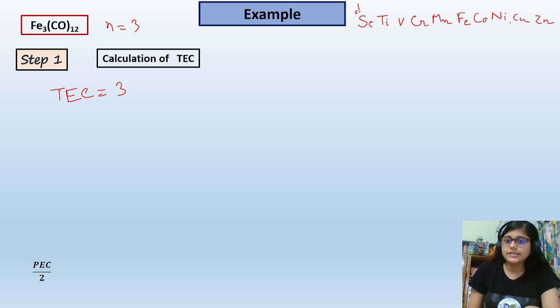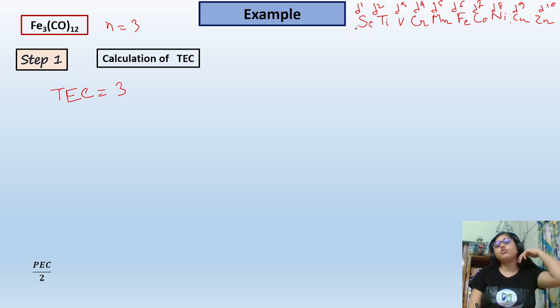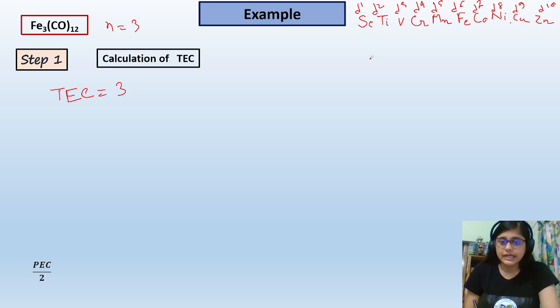This is d1, d2, obviously d1 4s2, d2 4s2, like that, d3, d4, d5, d6, d7, d8, and d9, d10. Fine, and you also have to remember group-wise which transition metals are present. So you have to actually remember that.